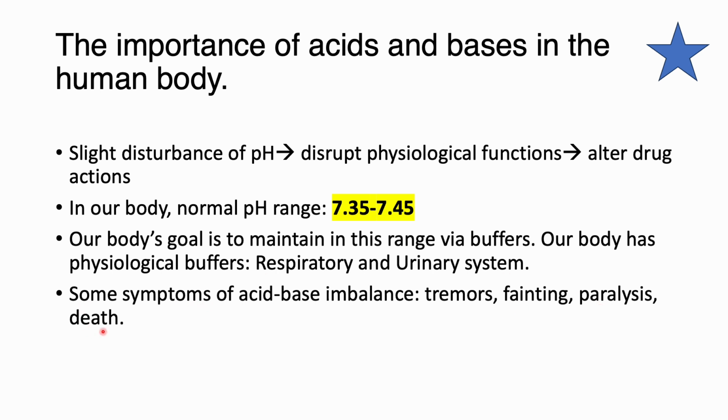I remember during my rotations, one of the first places where I saw measurements of pH was in the ICU. Because if you're in the ICU, you are very sick, so we need to know everything about your body systems. We also get your arterial blood gas measurements, where they give you your pH reading as well.